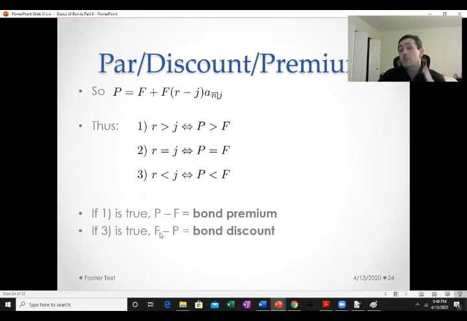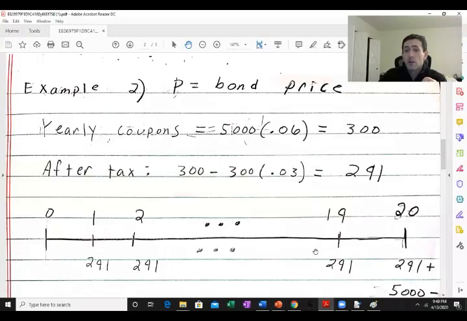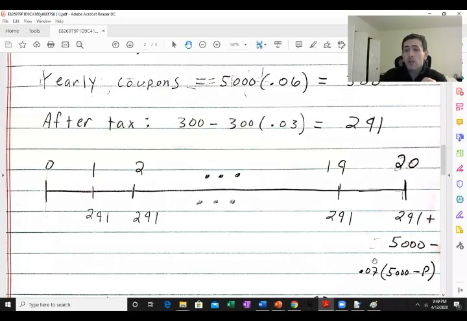We know what F is, 5,000. We don't know P, but that's okay. So it's 7% of F minus P, which is 0.07 times (5,000 minus P).